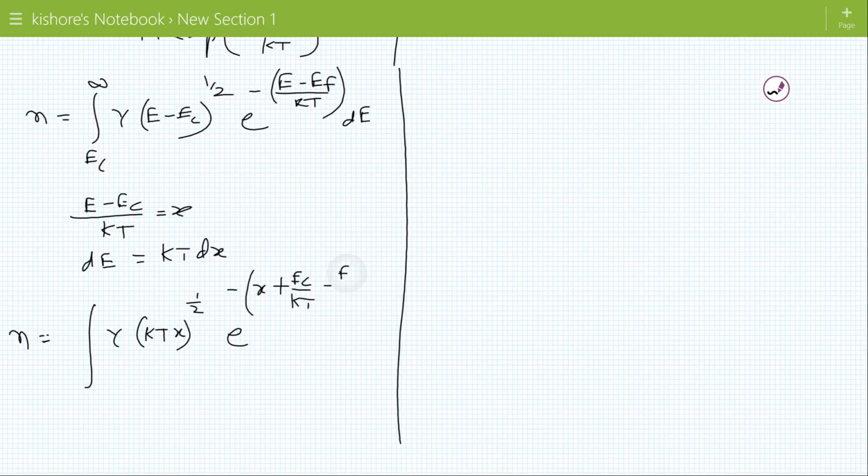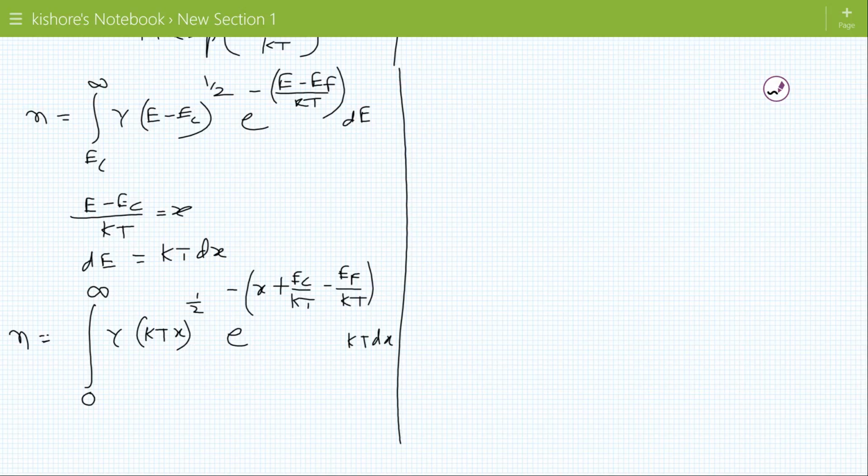Here we have minus EF by kT, and del E is replaced by kT dx. Now the lower limit of integration is 0, and the upper limit of integration, if E is infinite, then x is also infinite.